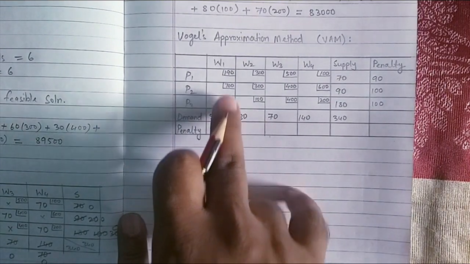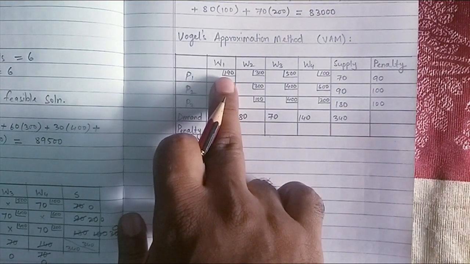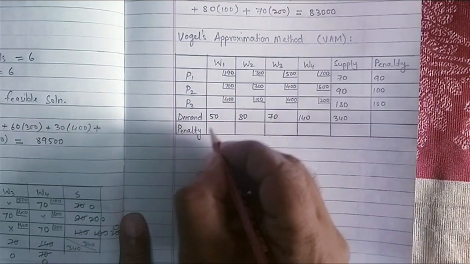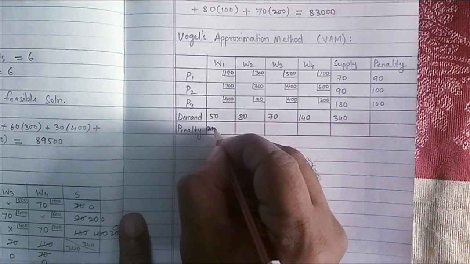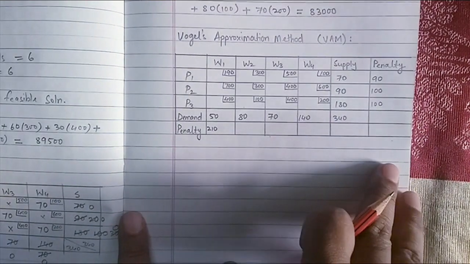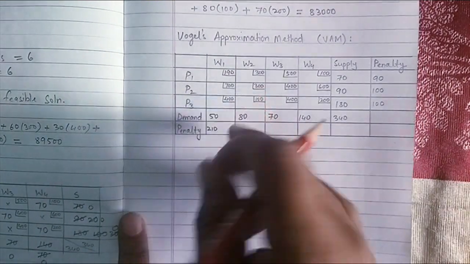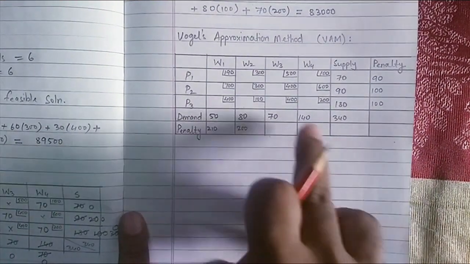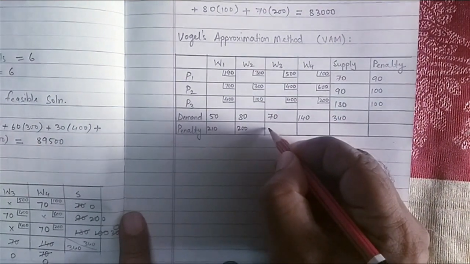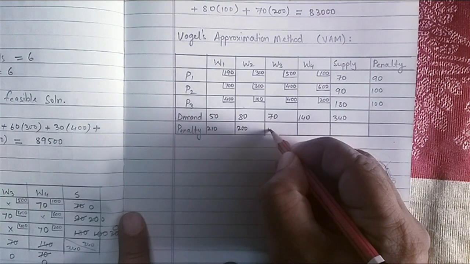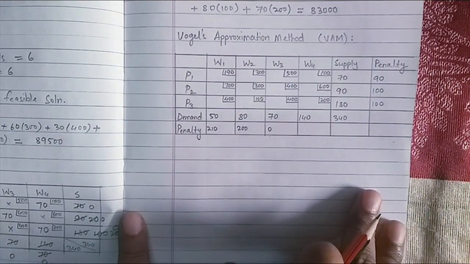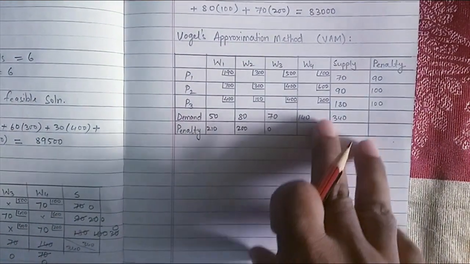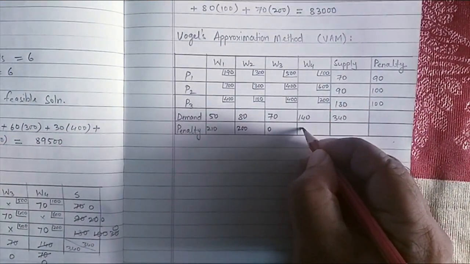The first column's least value is 190 and next is 400, so when we subtract, I get 210. Then we have 100 and 300, so I get 200 here. Next we have 400 and 400, so the penalty is 0 in this case. In the last column we have 100 and 200, so the penalty is 100.